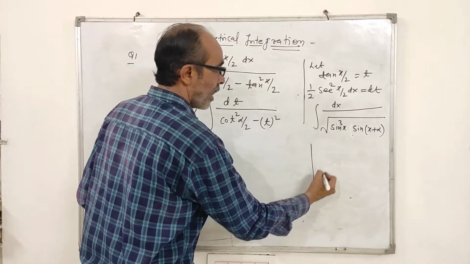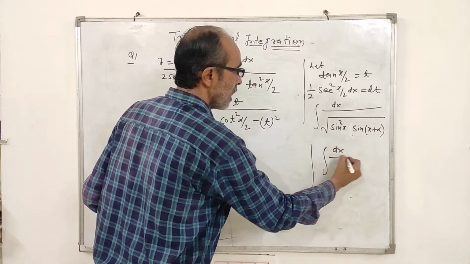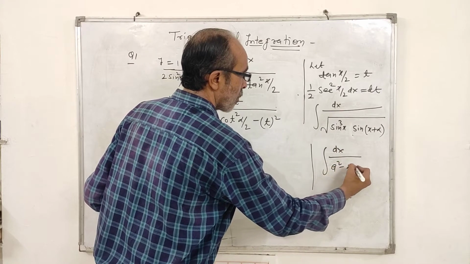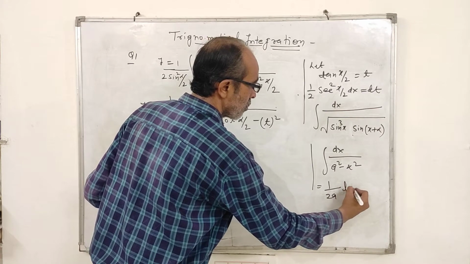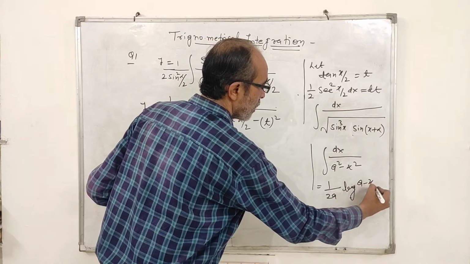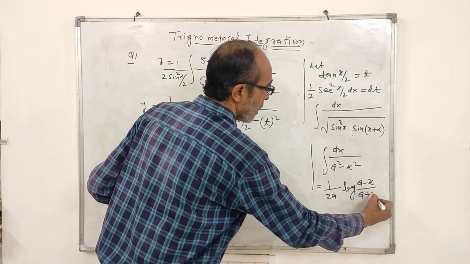Yes, we know that the integral of dx divided by a square minus x square is 1 upon 2a log of (a minus x) divided by (a plus x).